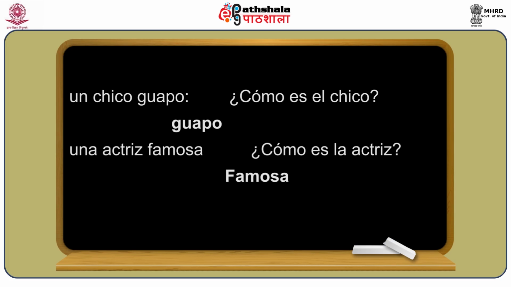So, how is the boy? The boy is handsome, or guapo. In the same way, una actriz famosa means a famous actress. And how is the actress? ¿Cómo es la actriz? Es famosa, famosa meaning famous.